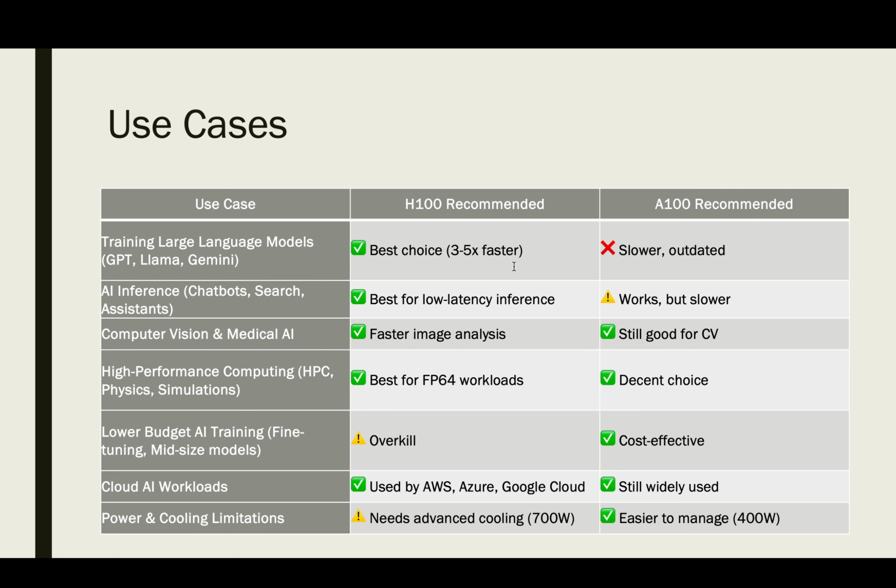From a memory and bandwidth perspective, H100 has 3.35 terabytes per second memory bandwidth, 67% more than A100. The 80 GB of HBM3 memory allows larger batch sizes for training and inference.